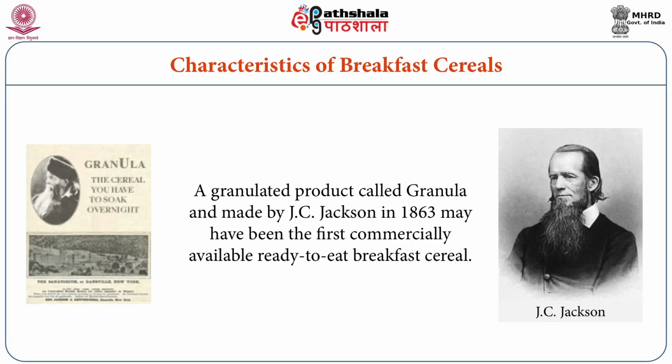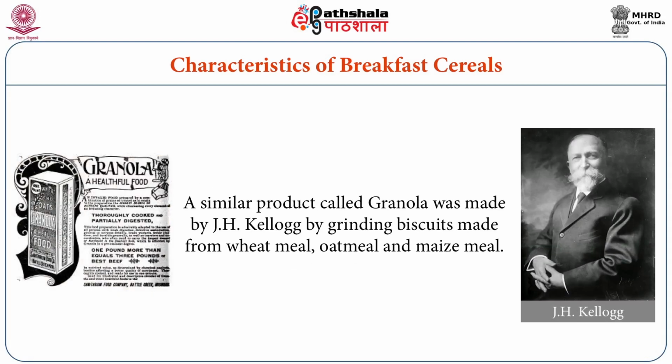A granulated product called granola, made by J.C. Jackson in 1863, may have been the first commercially available ready to eat breakfast cereal. A similar product, also called granola, was made by J.H. Kellogg by grinding biscuits made from wheat meal, oatmeal and maize meal.